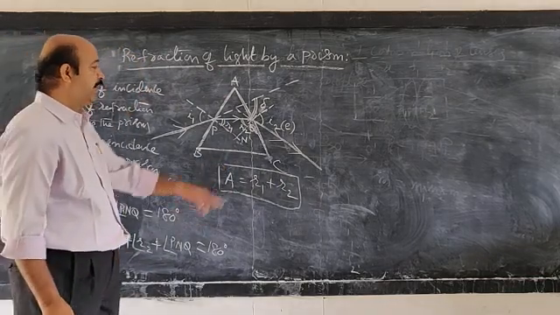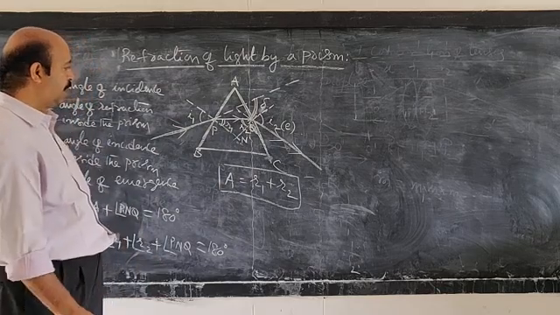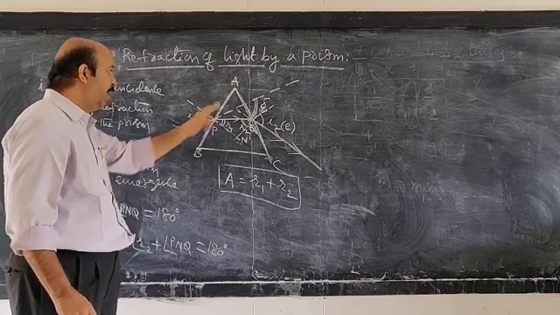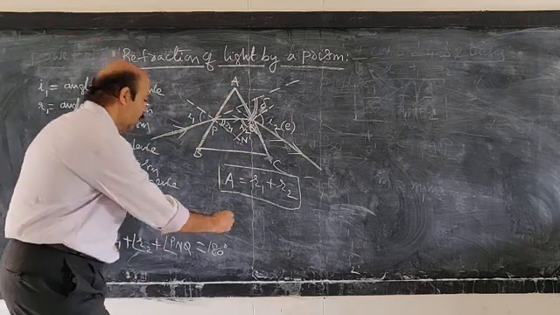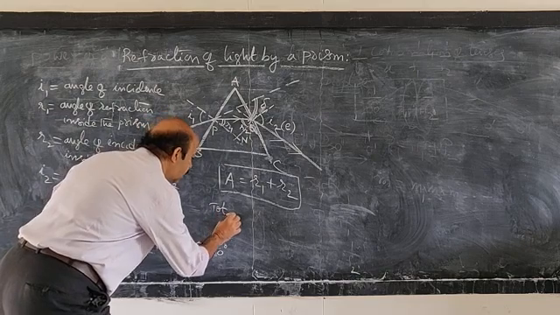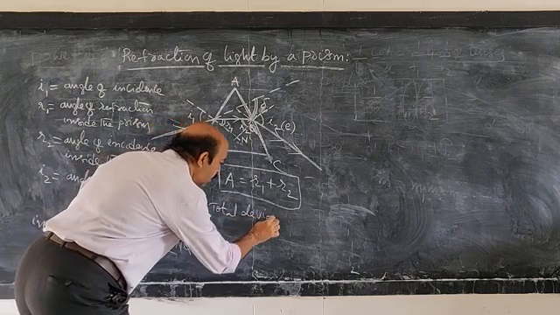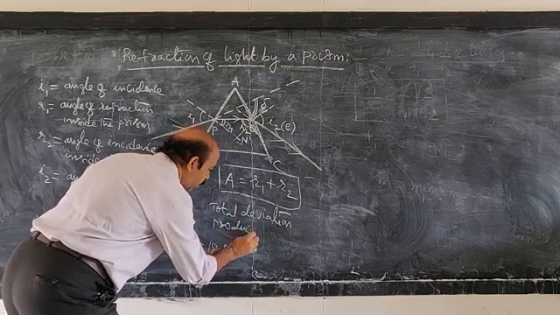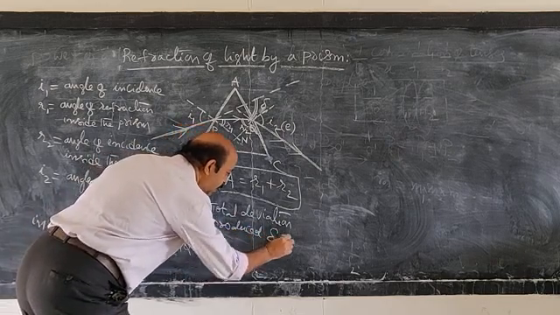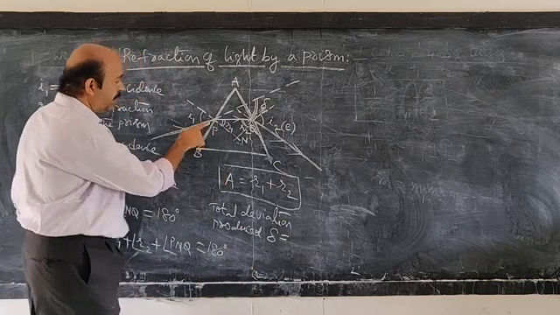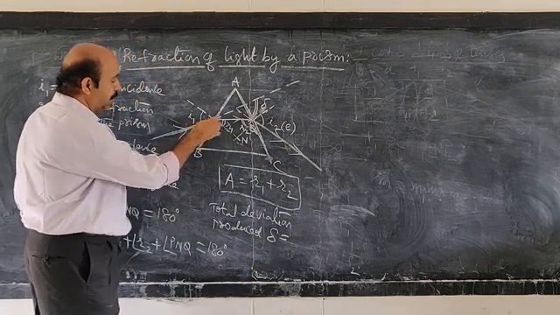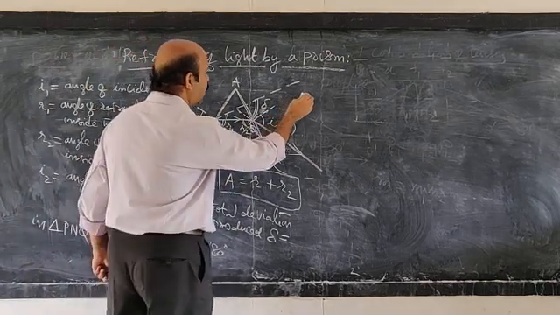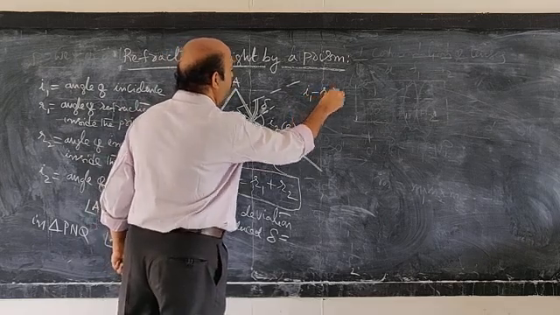Now similarly, when we talk about the angle of deviation, the total deviation is produced at the surface AB and also at the surface AC. So the total deviation produced, the deviation produced here, is nothing but the angle I1 minus R1.